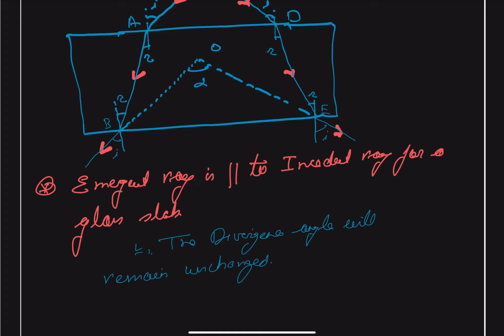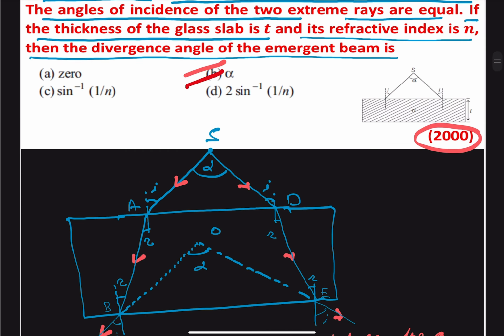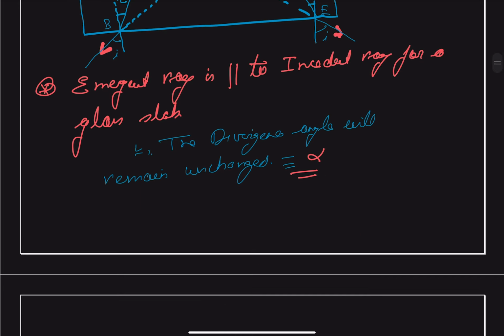Okay. So that will also be equal to alpha. So the option given to us, option B, is the correct one. Option B is correct.